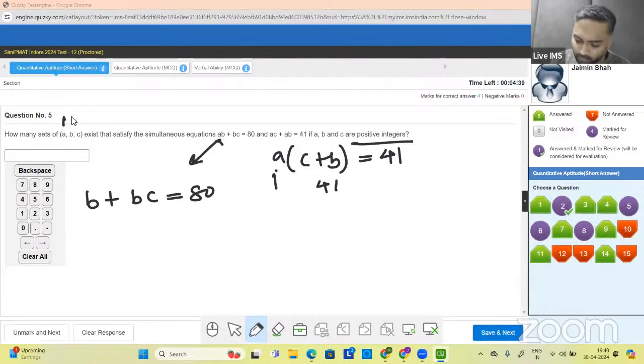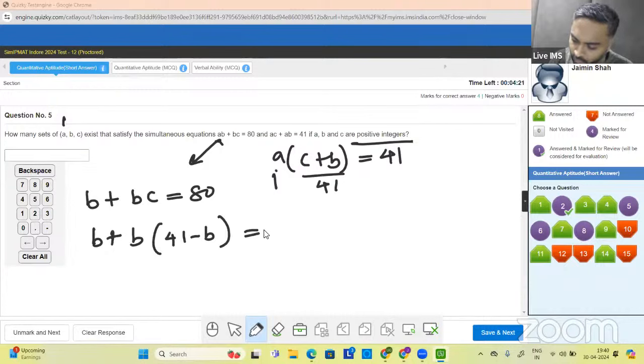Okay. So basically B plus C is equal to 41. So C can be written as 41 minus B. Okay.